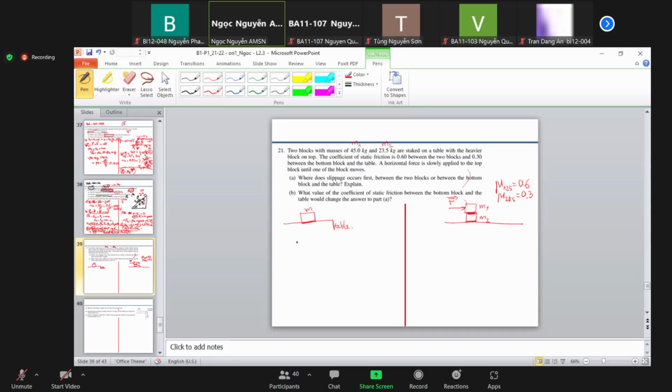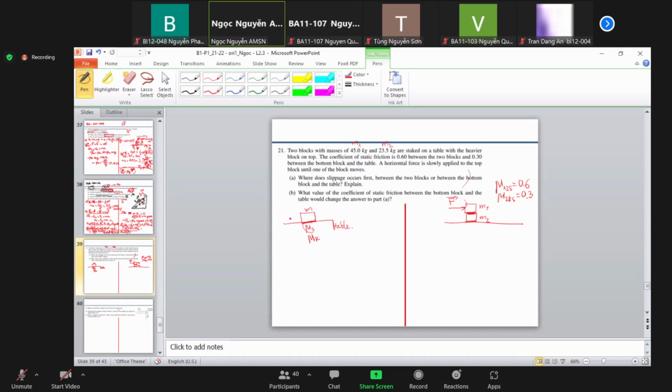That's when we have to care about friction, mu S and mu K. We care about mu S when the relative motion is 0. We care about mu K, the kinetic friction, when the relative motion between them is not 0.